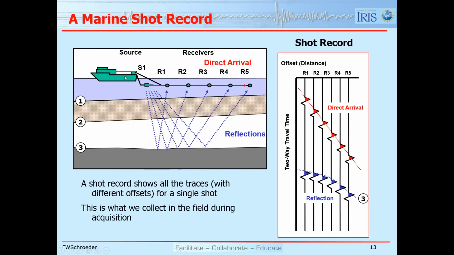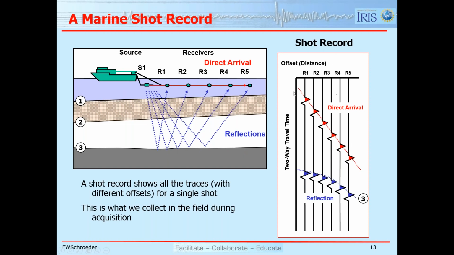This is an example. If you saw the presentation on Tuesday, I had an animation with a seismic source. Here's the source array, receiver 1, 2, 3, 4, 5, and we're getting reflections. I'm just showing the ray paths for the interface at level 3 between the white layer and the gray layer.